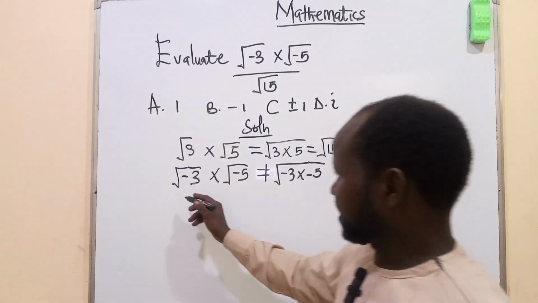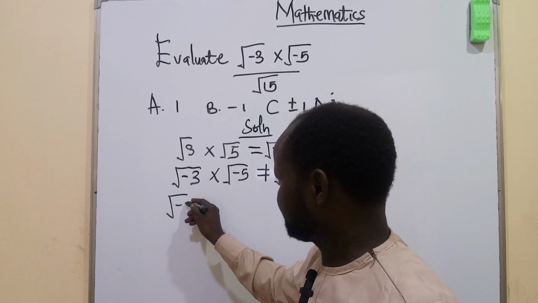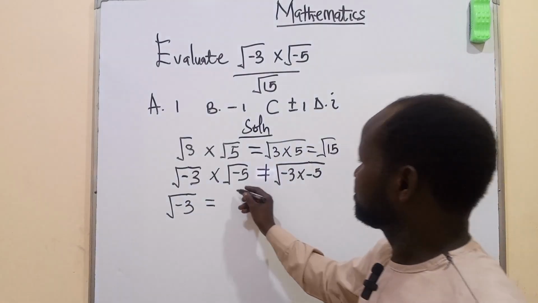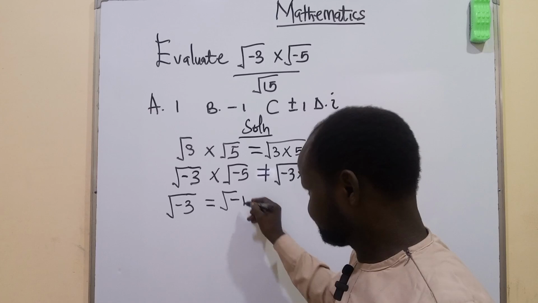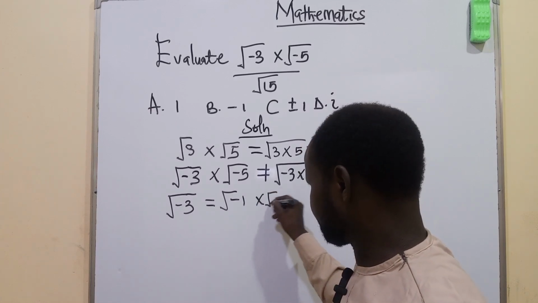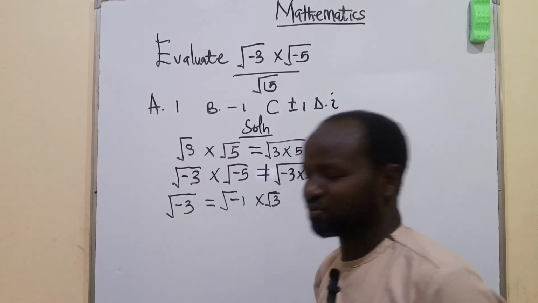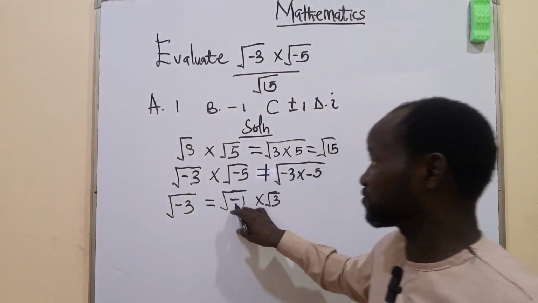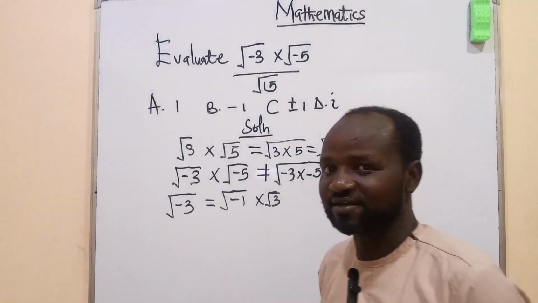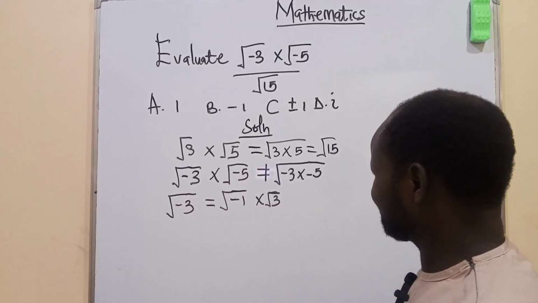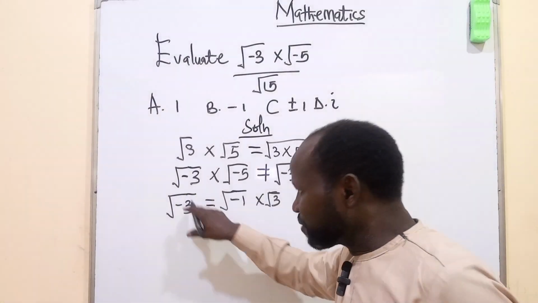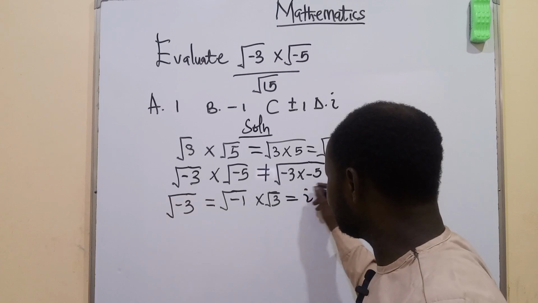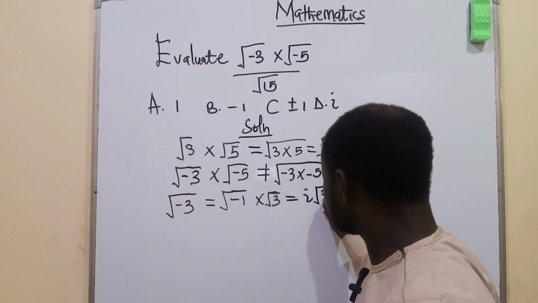Recall that root minus 3 we can write as root minus 1 times root 3. Very important. And root minus 1 under complex number, because there is no real solution to root minus 1, is nothing but i. So root minus 3 is the same thing as i multiplied by root 3.